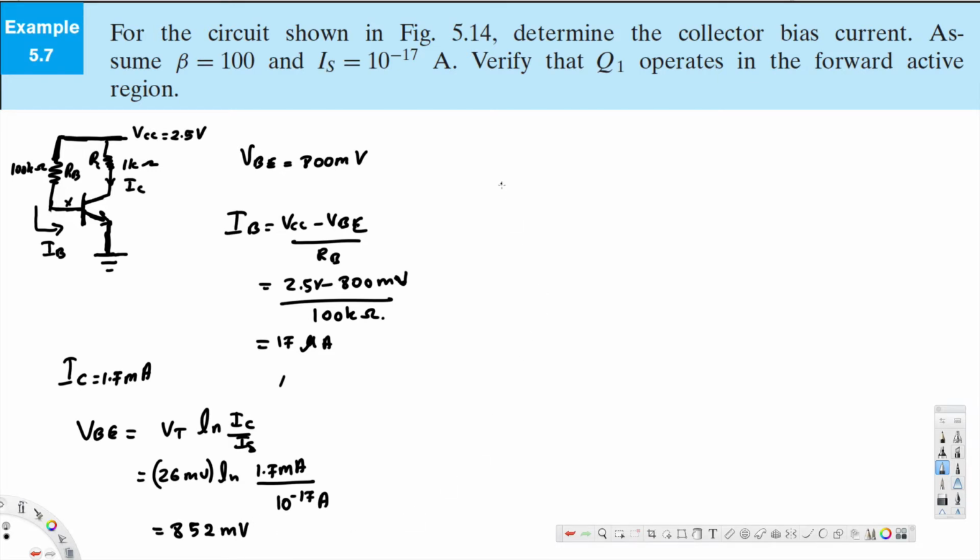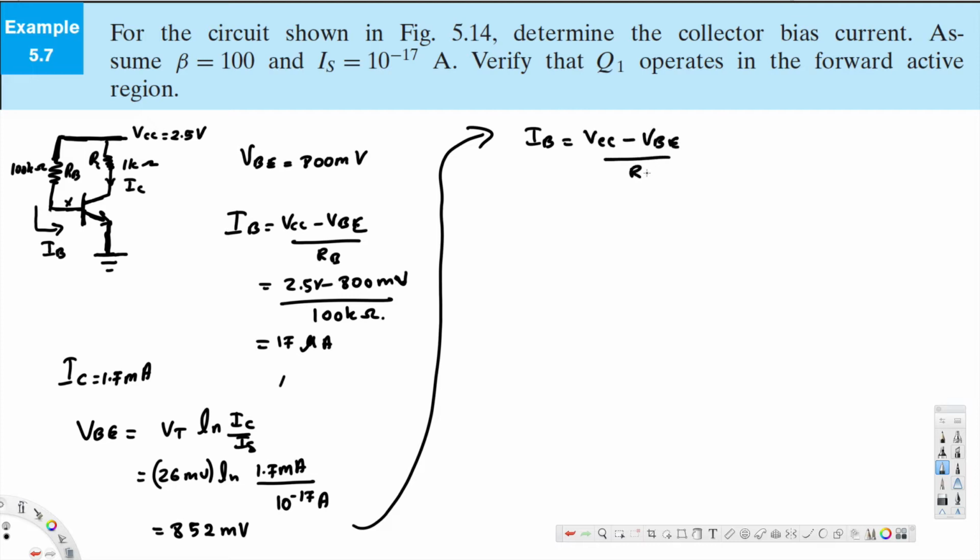Now we can go ahead and find IB. Again we are going to use the same formula, but the values are going to be a little bit different. IB is equal to VCC minus VBE divided by RB.